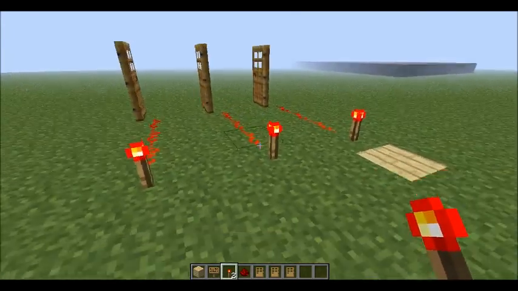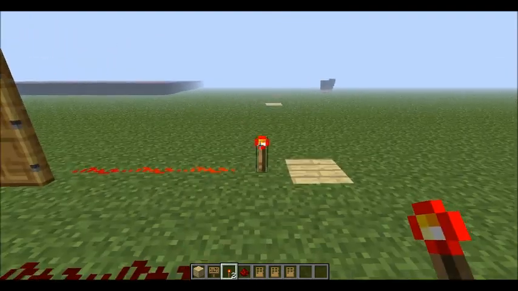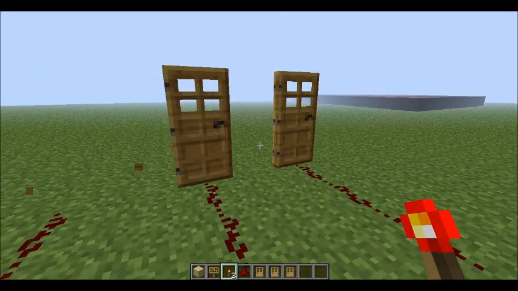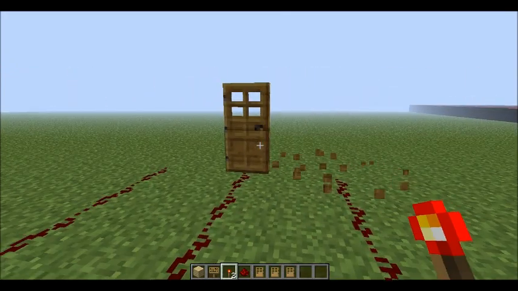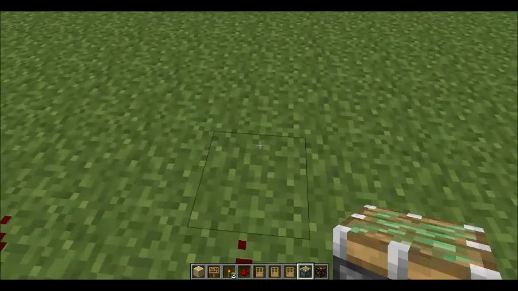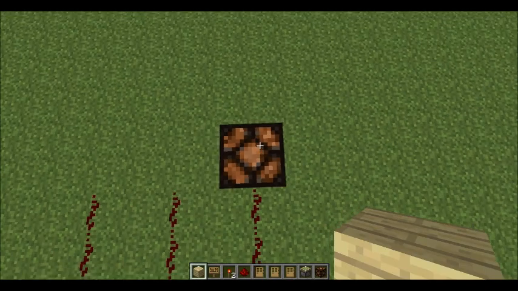Okay, so now we can use something a bit more interesting. I'm going to get rid of the doors. Obviously this doesn't have anything to do with this game in particular, but it's a good example.